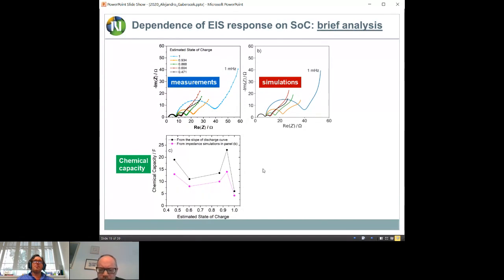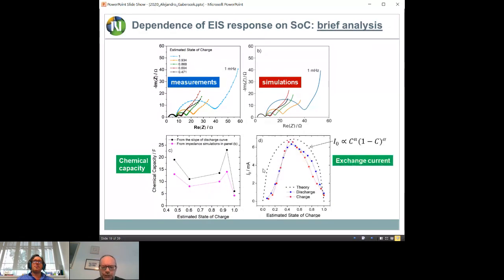The other parameter that is changing is the charge transfer resistance. Charge transfer resistance is actually the incorporation resistance of simultaneous electron and ion insertion into NMC particles. This is changing. This is known, it has to change.